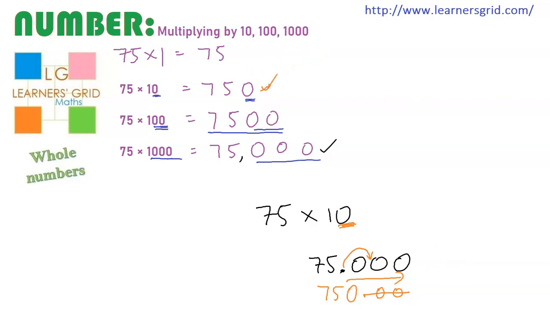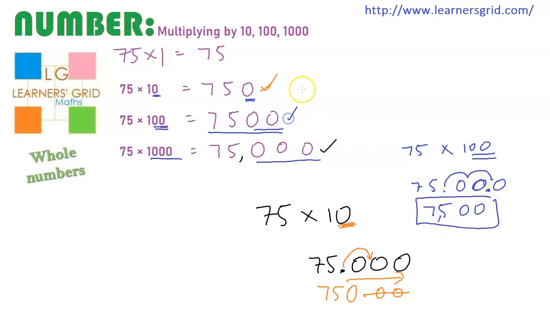Again, I can do the same kind of thing with this one, 75 times 100. So again, turn it into a decimal number, so 75.000, put in some decimals just to hold the place. There are 2 zeros there, so the decimal point has to travel 2 spaces, 1, 2, so it will end up here. So the answer becomes 7,500, which is what we have here.